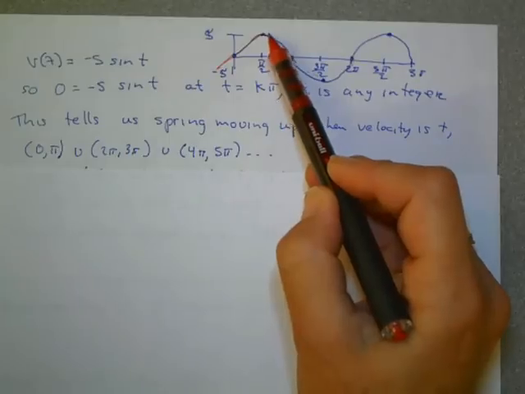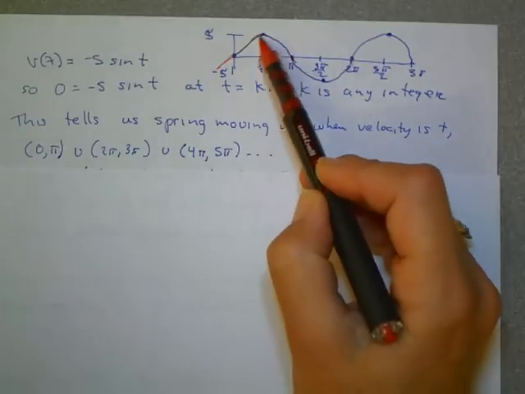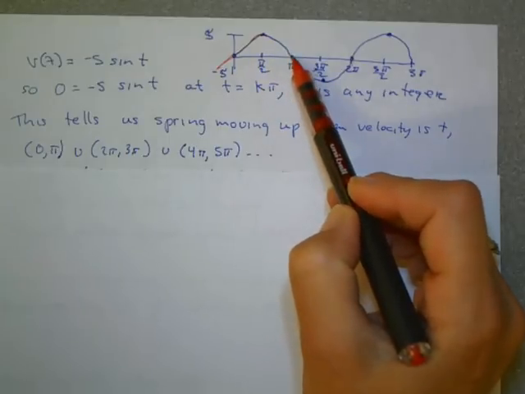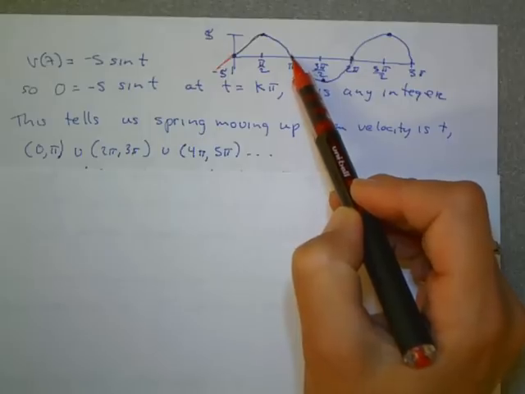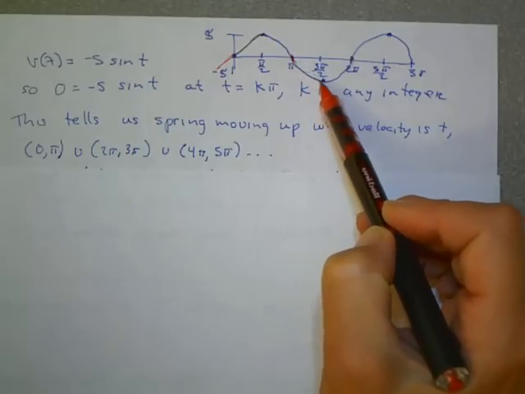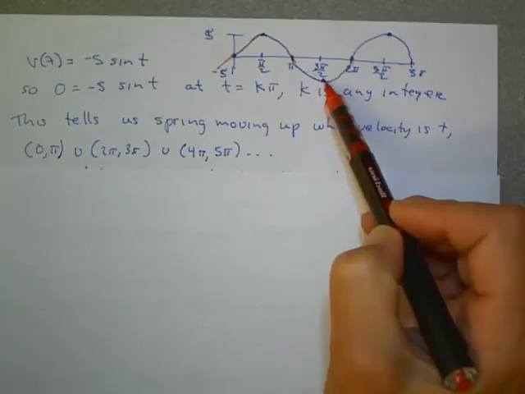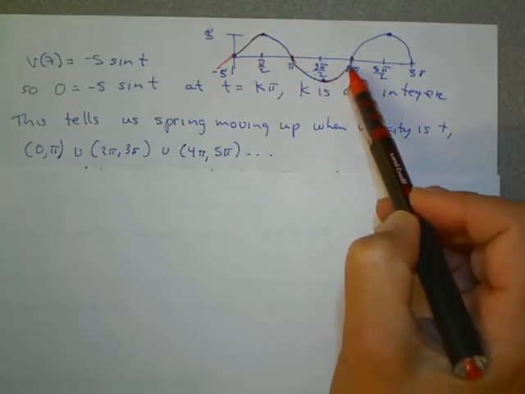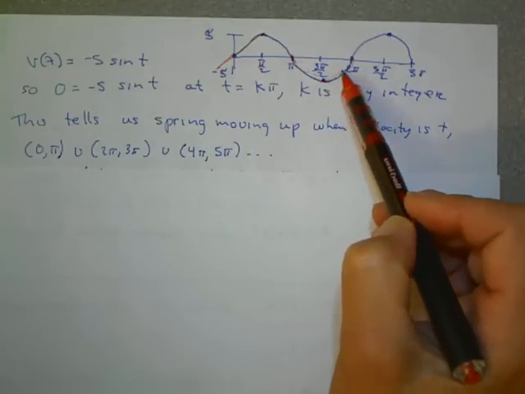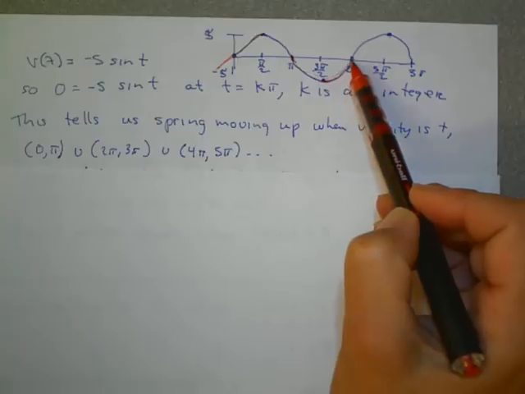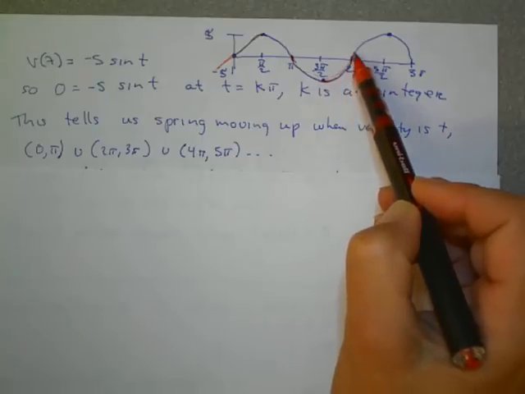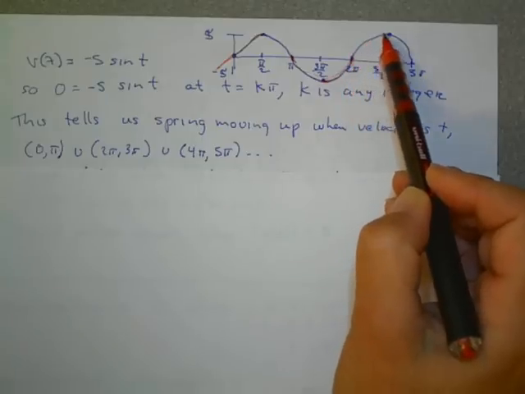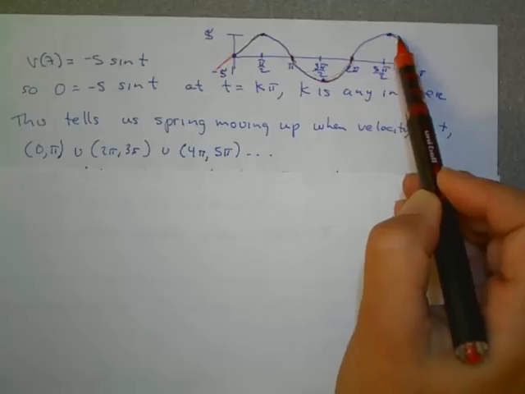So it's saying that it's moving faster till you get to pi over 2, and then it slows down and it stops, so it's at the top of its spring, and then it goes down and it speeds up going down till you get to 3 pi over 2, and then it stays slowing down till it gets to the very bottom here, and now it's going to start going up again.